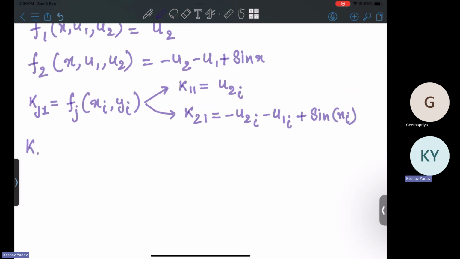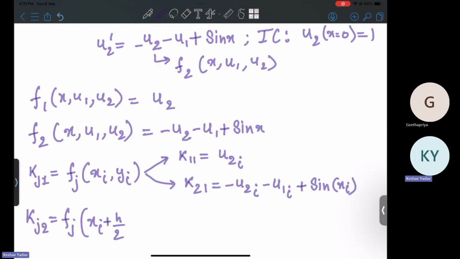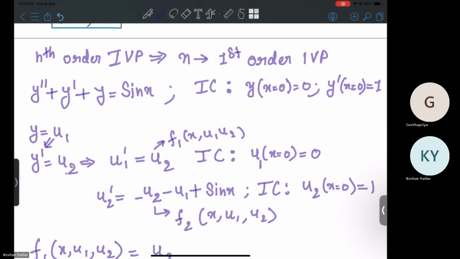Similarly, I can write kj2 equal to fj of xi plus h by 2. Here, what is the h value? Here my h is 0.01. Okay.